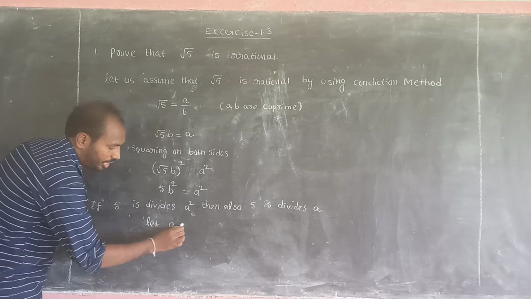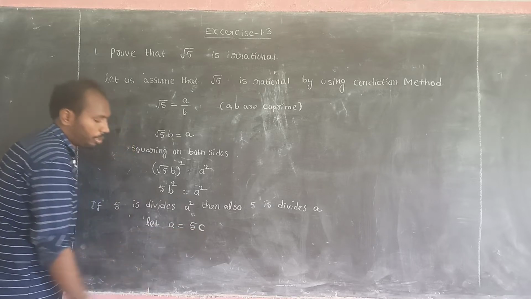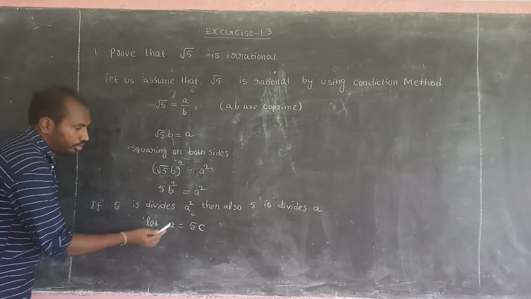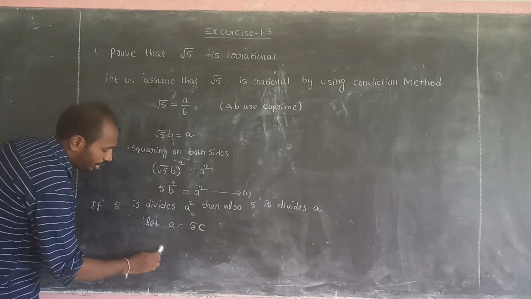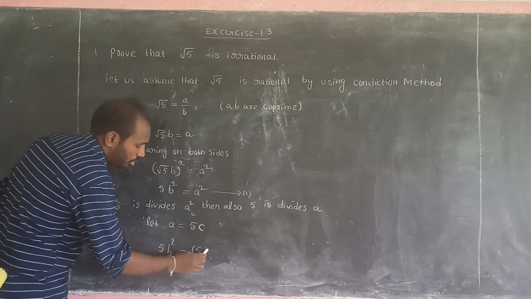Let a be some constant multiple, 5c, or k, no problem. Substitute the value of a in this equation: 5 b square is equal to, what is the value of a? 5c whole square.